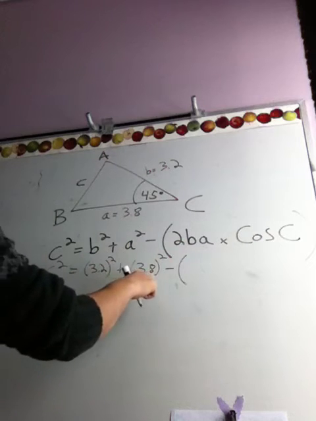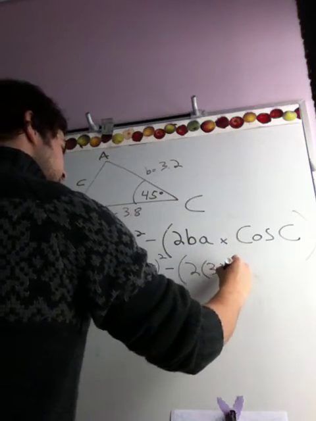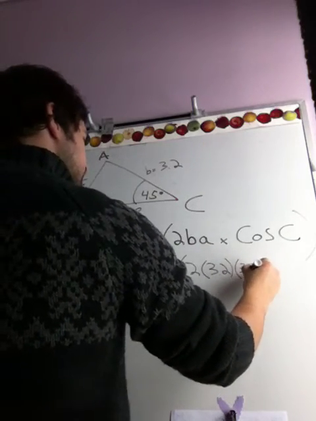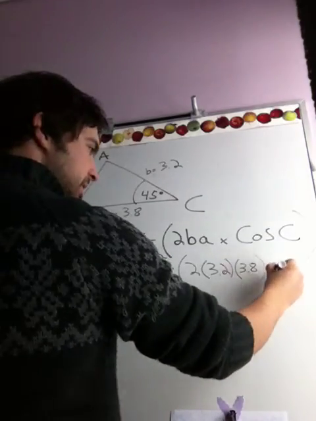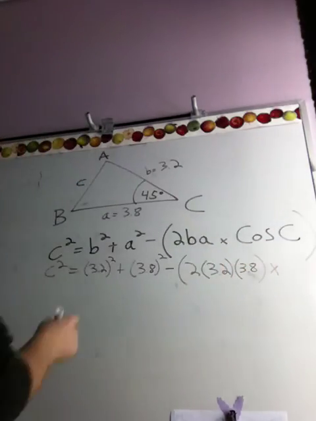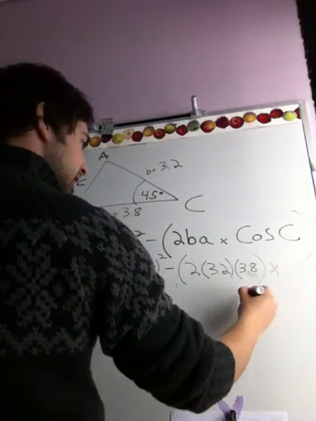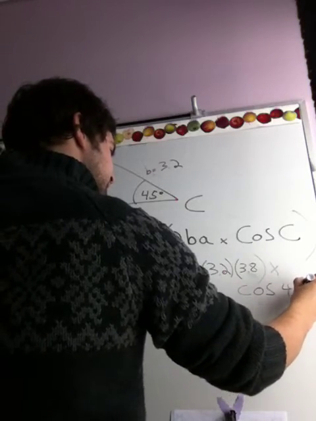Here's b, here's a. 2 times b times a times the cosine of c. Cosine of c, and c is 45 degrees, so it's cosine 45 degrees.